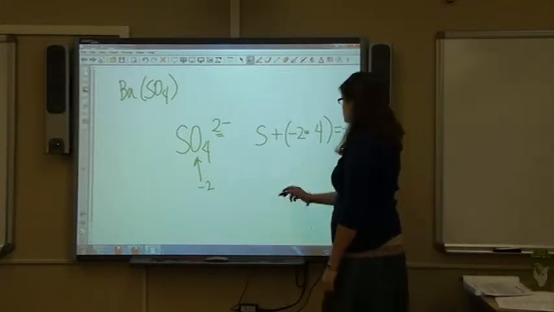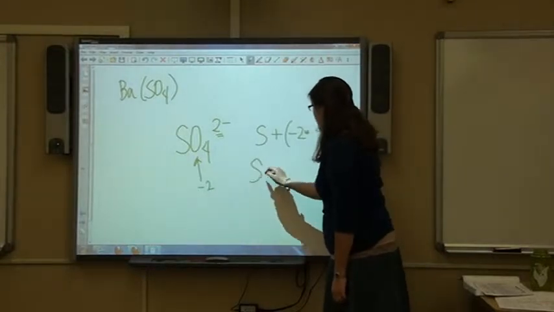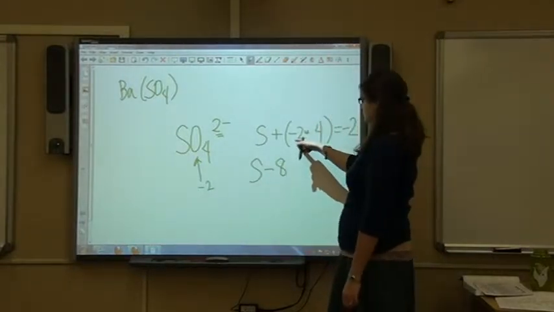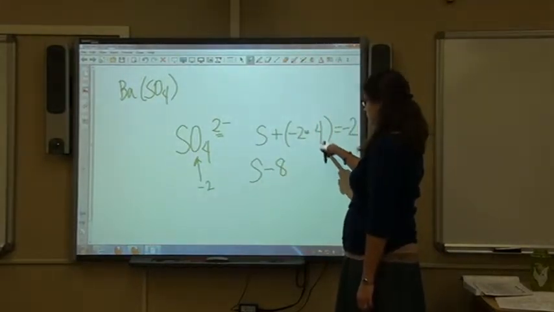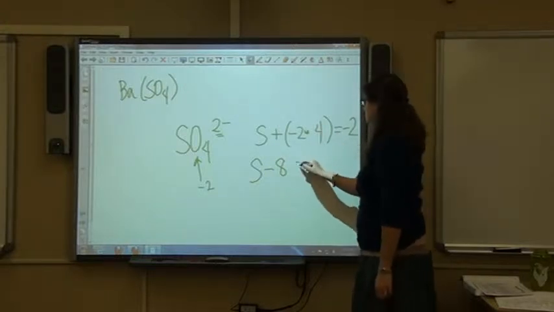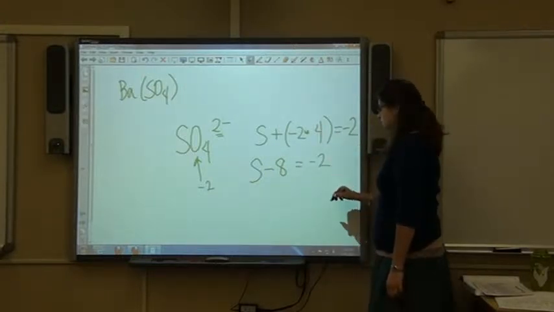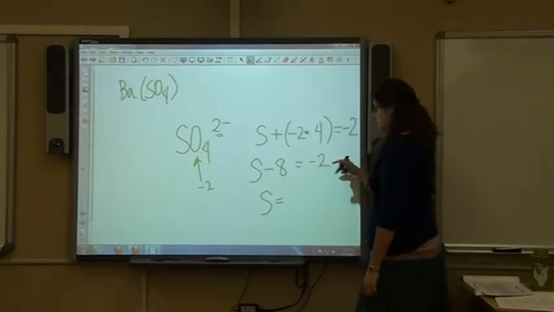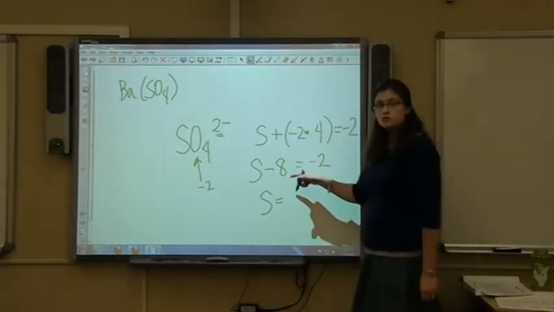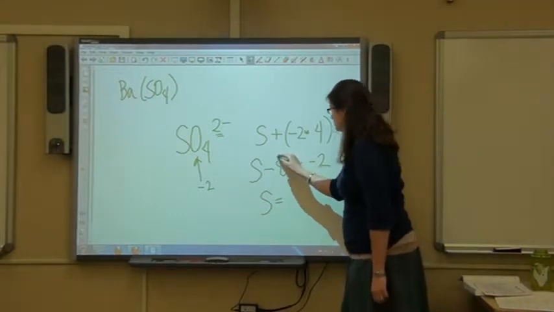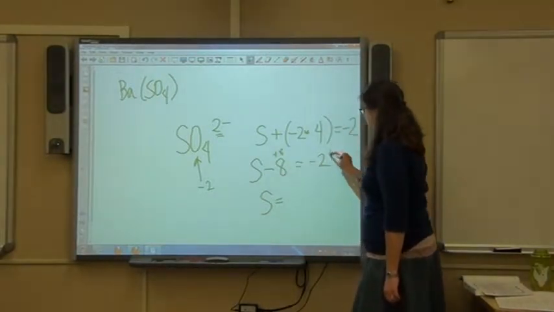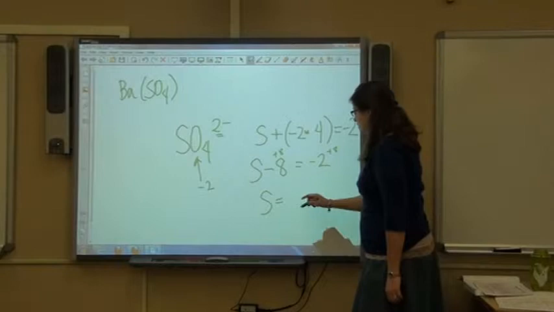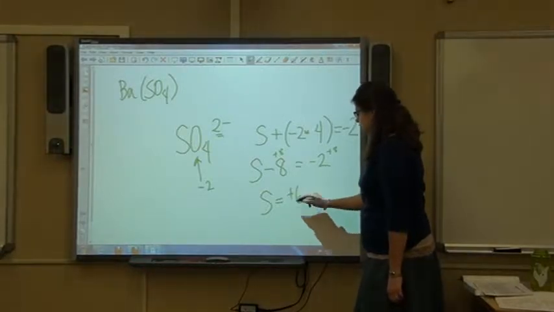Okay, so let's just do a little bit of algebra here. S minus 8, because -2 times 4 is -8, equals -2. Now we want to solve for that S, so we have to put the 8 on the other side. So to undo a subtraction, we have to add +8 to both sides. So therefore, sulfur in this case is going to be a +6.